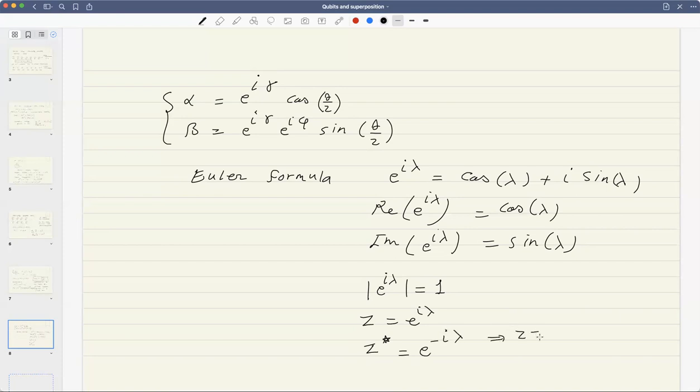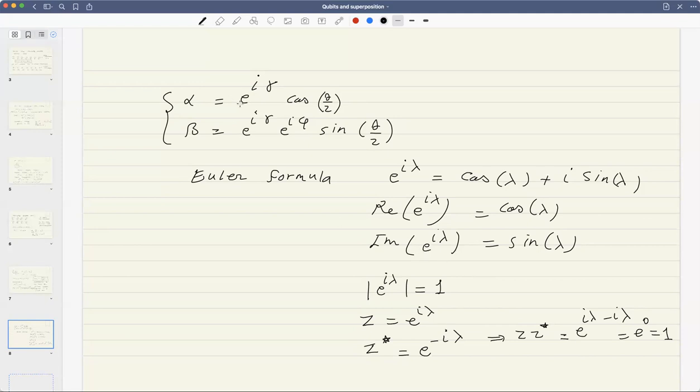Therefore, z times z star is going to be e to the I lambda minus I lambda, right? When you multiply exponentials, the exponents add up. So that's e to the 0, and that's 1. So e to the I lambda, something like this, is called the phase factor.